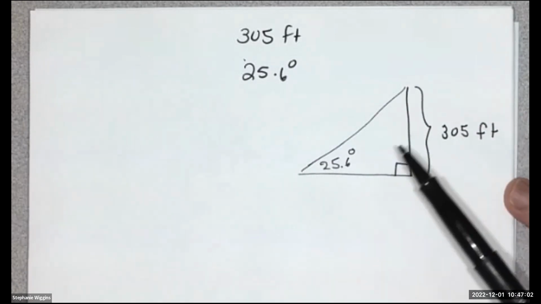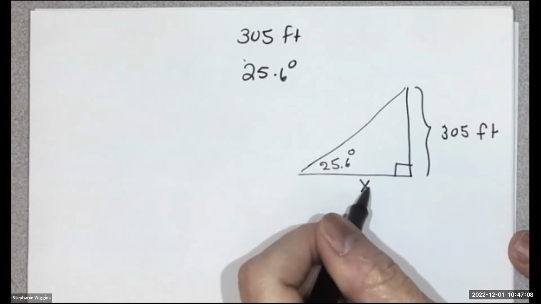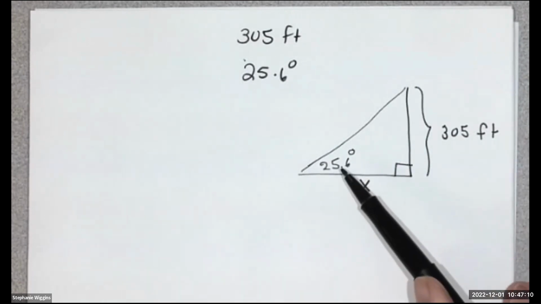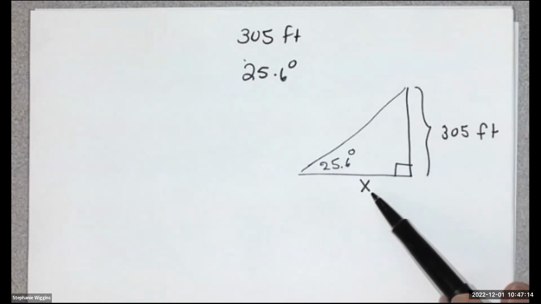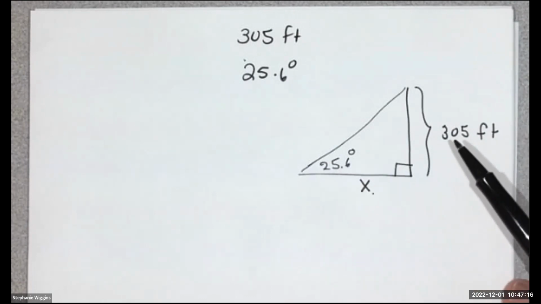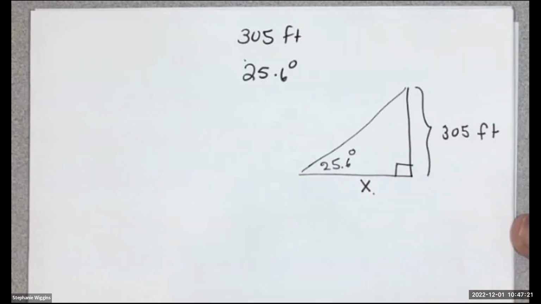Now, because it's a right triangle, we can use our trig functions, and you're always going to relate what you don't know to what you know. You always have two pieces of known information and then one unknown. We know the opposite and we know the adjacent, so I'm going to use tangent.